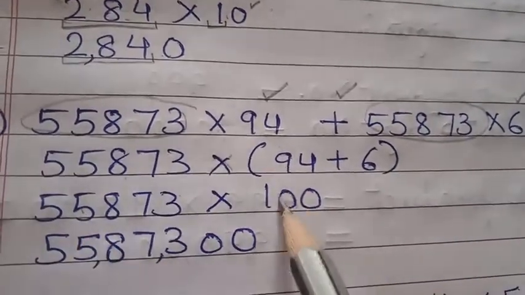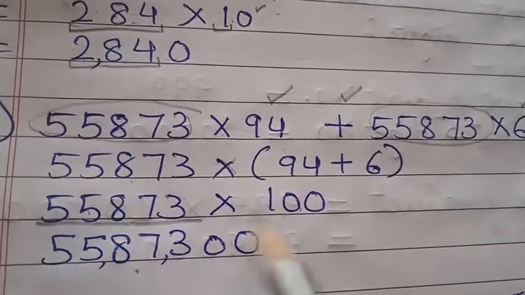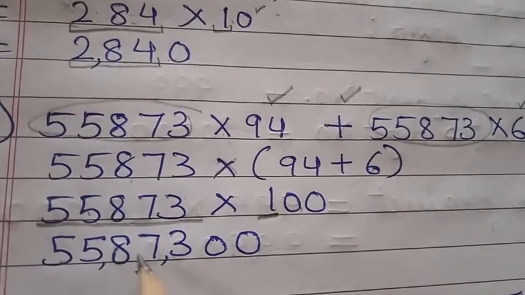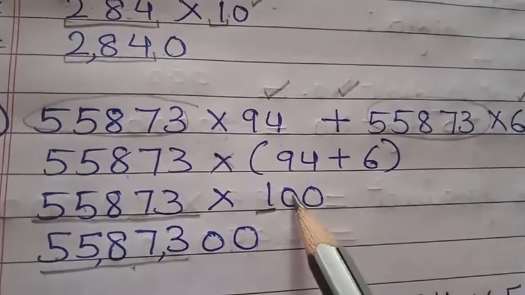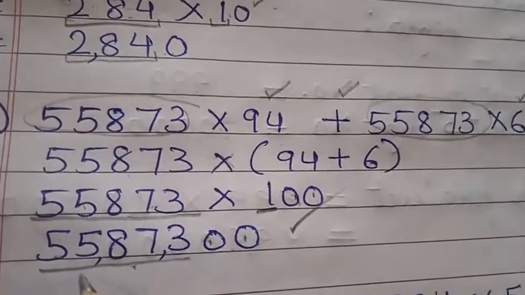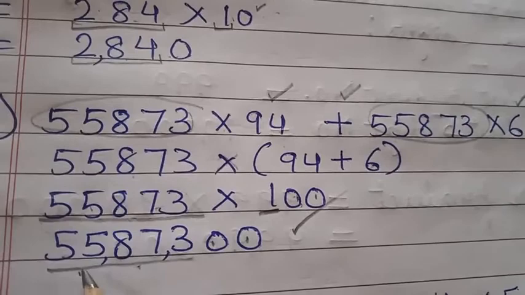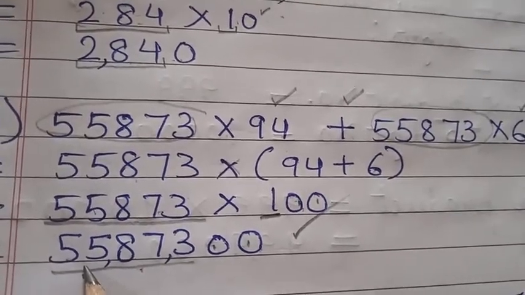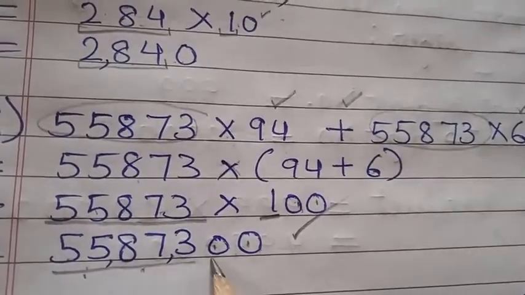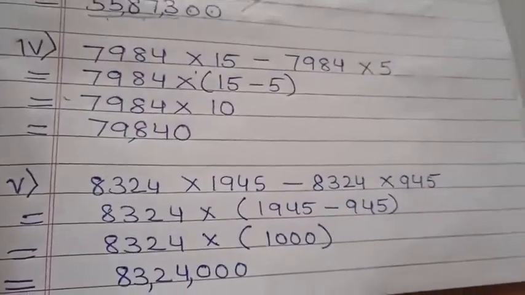So this multiplied by this gives me this. 55,873 multiplied by 1 gives me 55,873, and how many zeros in 100? 1, 2. So I have written 1, 2 here. So my final answer is 5587300. Okay.